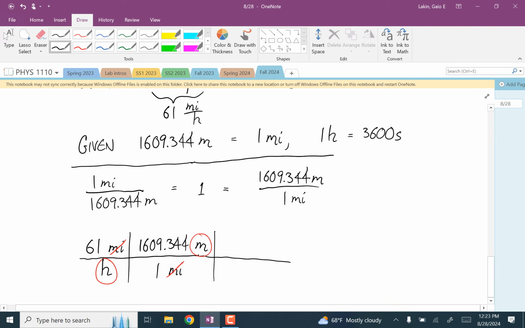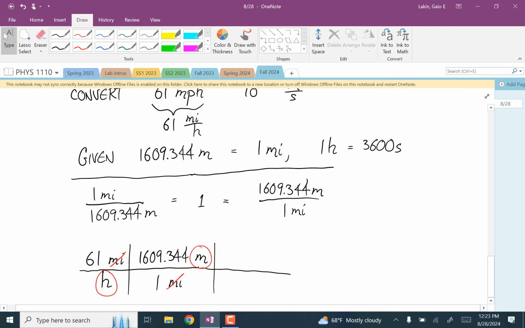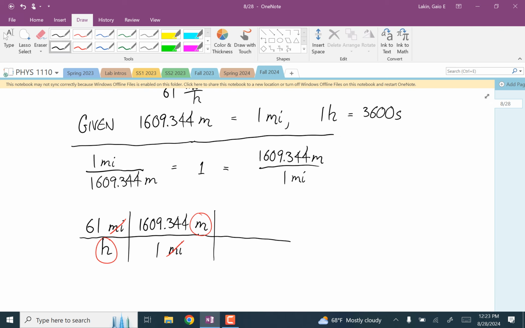Okay, so the unwanted unit of time that we have here is in the denominator, right? We want to get rid of that hour. So do we want to multiply by something with hours in the numerator or hours in the denominator? Numerator. Numerator to cancel the one down here. So I'm going to write the next multiplication factor as 1 hour over 3,600 seconds. And now I'll cancel this and this.